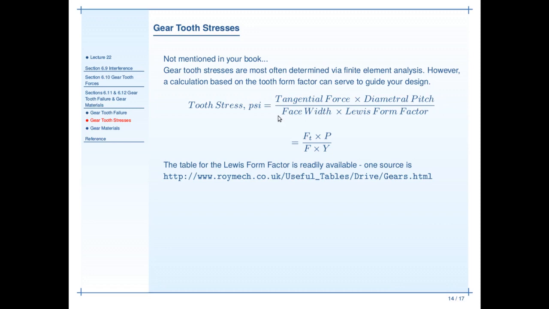You'll note that this is the first time we have mentioned the face width or the width of the gear at all. It really doesn't come into very much in the discussion of basic spur gear calculations. We will see it though when we look at helical gears. Anyways, divided by the face width multiplied by the Lewis form factor, which is a number that you pick off a table.